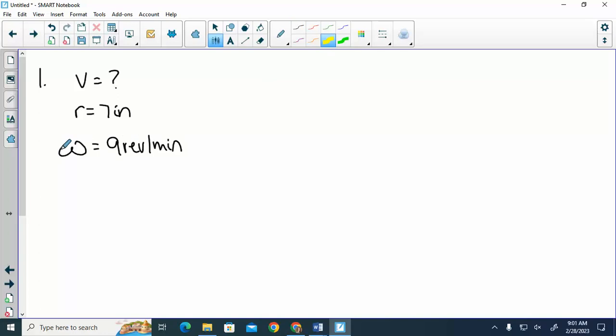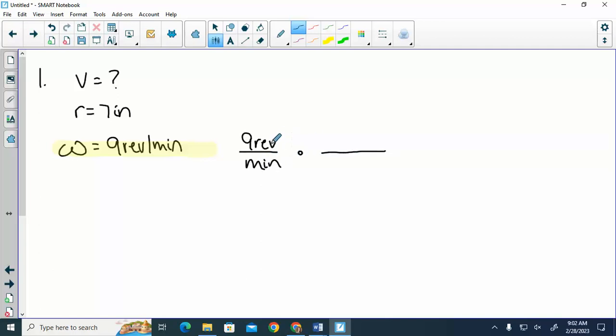So here is the problem. I told you that to use omega, it always has to be radians. So before we can actually use this, we need to convert. It can help if you set up as a fraction, 9 revolutions per minute.